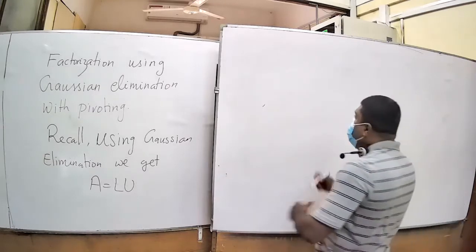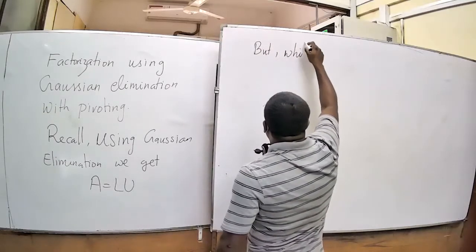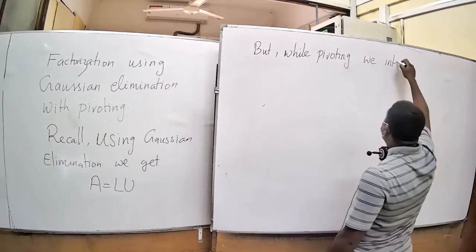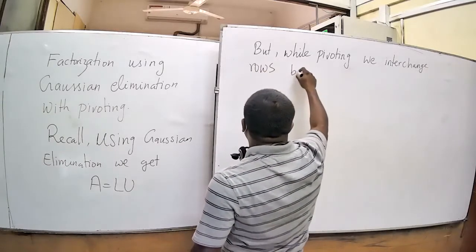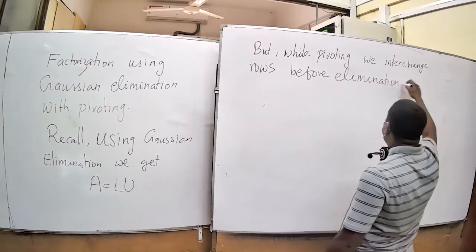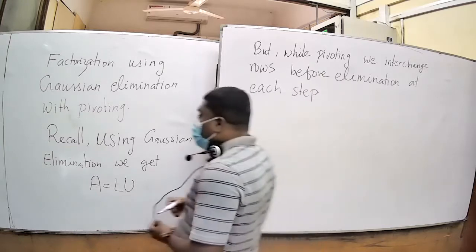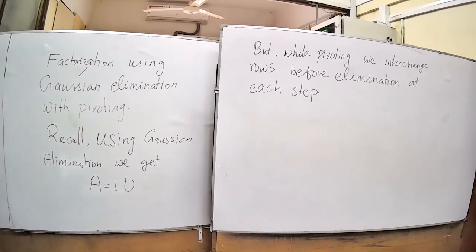But this is what we do in pivoting: we interchange two rows before eliminating at a certain step.